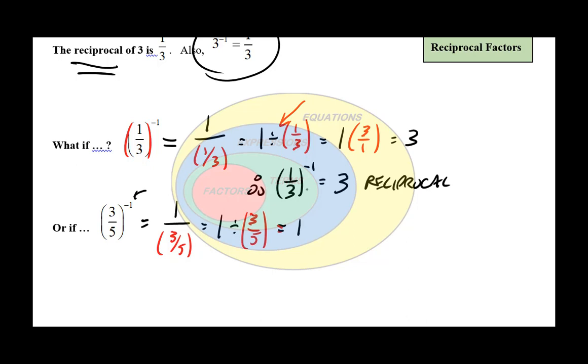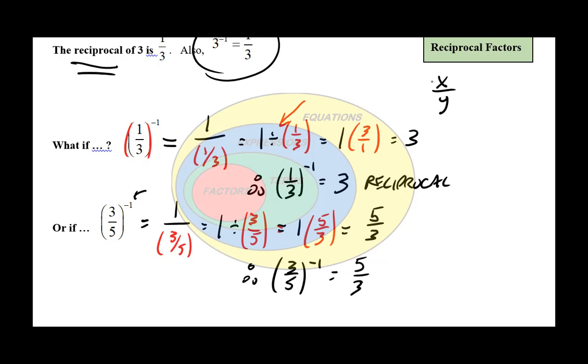This is the same as 1 times the reciprocal 5/3. So it looks like this is equal to 5 over 3, 1 times 5/3. So therefore, we got that 3/5 to the negative 1 power is the same as 5/3. So in general, if I have a factor of x over y, a fraction, and all of that's raised to the negative 1 power, then that's the same as just taking the reciprocal of the fraction.